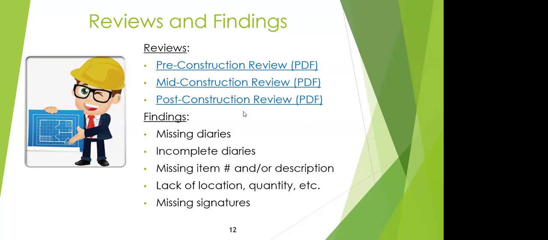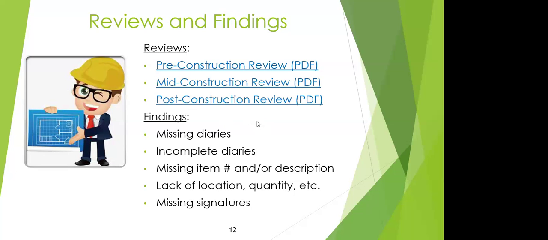Not every project gets reviewed three times because of lack of resources. We do random selection of projects, and some may be reviewed during mid-construction, some post-construction, some pre-construction. We have a checklist that we use for our reviews, with a bunch of questions we ask resident engineers and their office people.